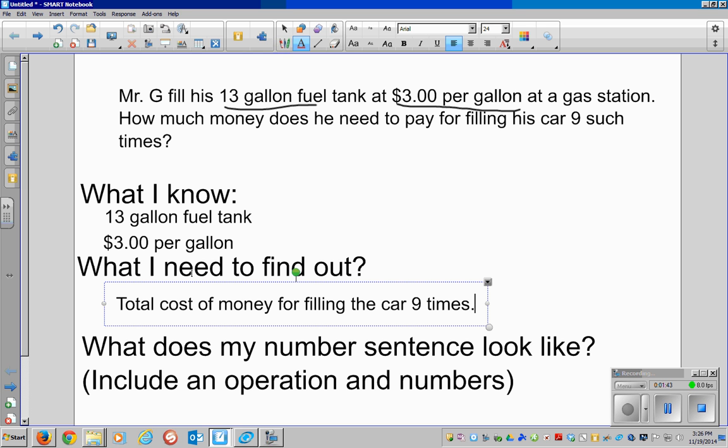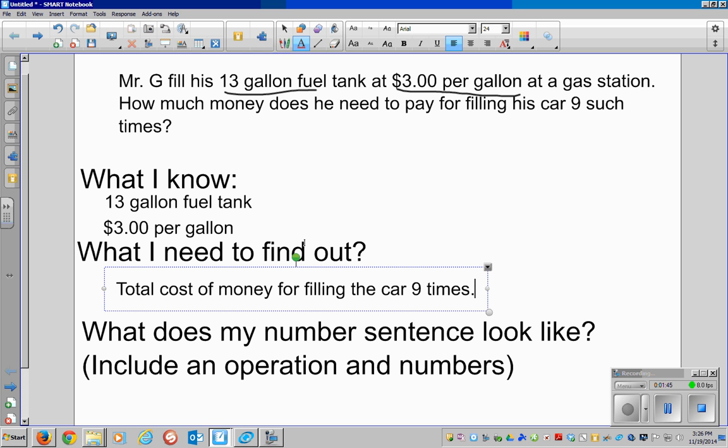So if I think about my number sentence here, I think the operation I need to use is multiplication, because if I know 1 gallon of fuel is $3, then two would be $6. So I'm going to shorten that to multiplication instead of repeated addition.